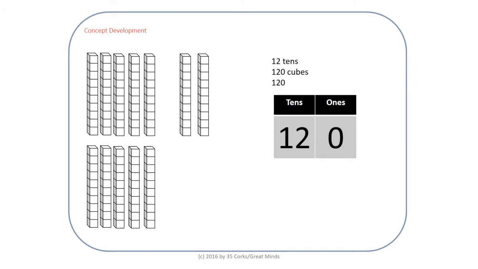So how many ones would that be? 120. Good, so just like we said, there's 12 tens, or you could say 120 cubes, or 120 altogether. I have 12 tens, I have 0 ones. Our next one, we might have some ones, so be careful when you're counting.